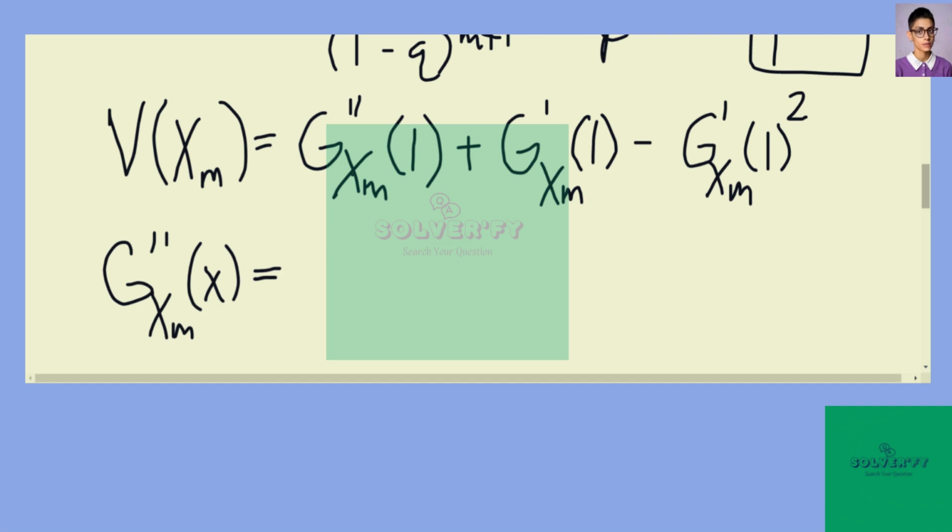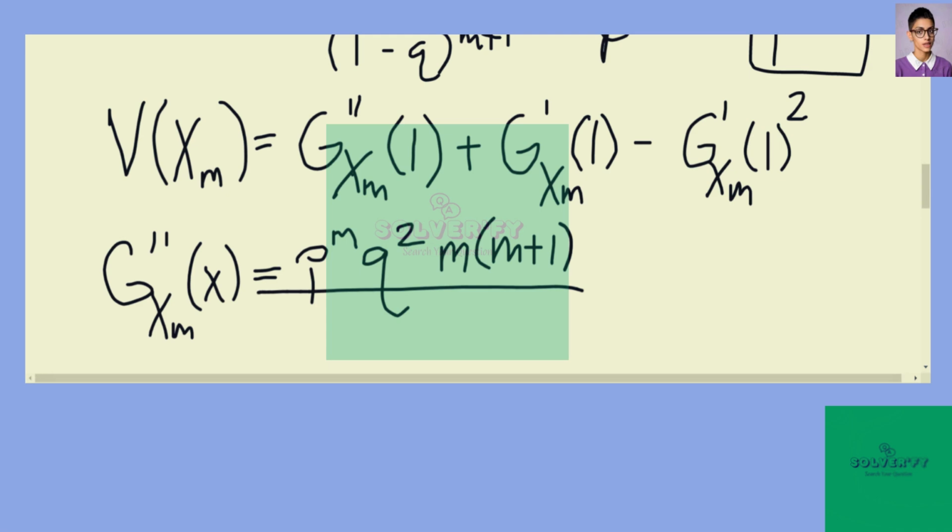You can either do this by hand or use your software. Either way, I'm going to pause now and proceed. And so we have that the second derivative is p to the m times q squared times m times (m plus 1) all over (1 minus qx) to the m plus 2.